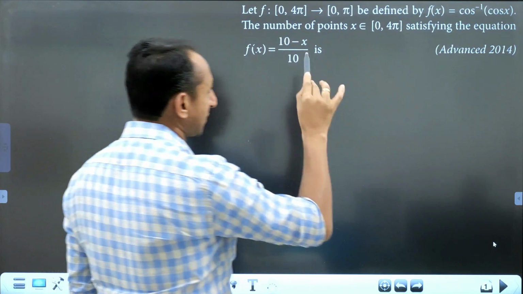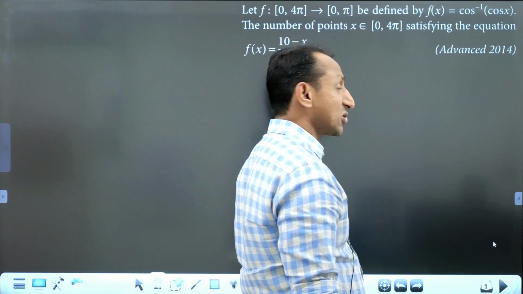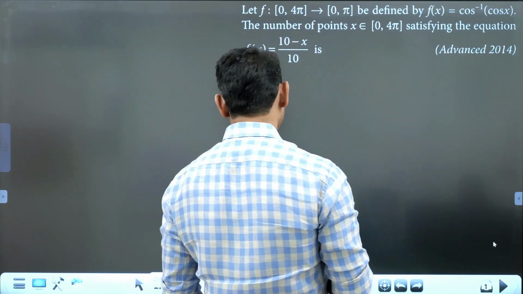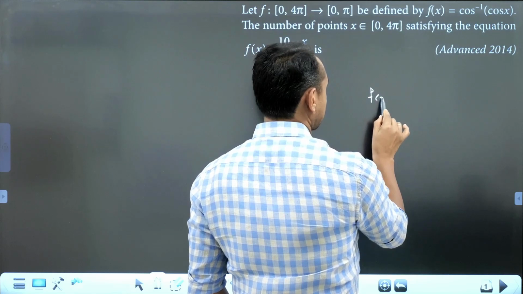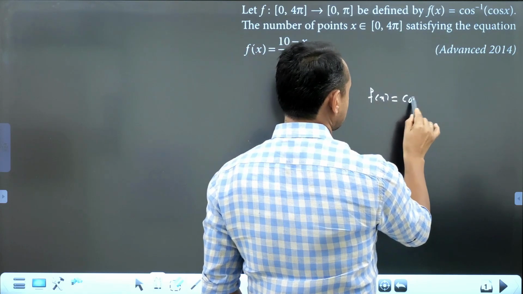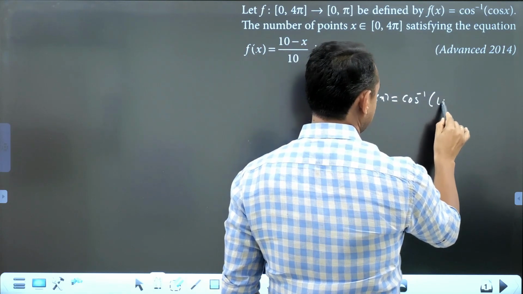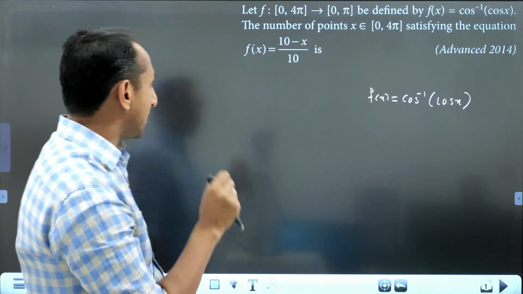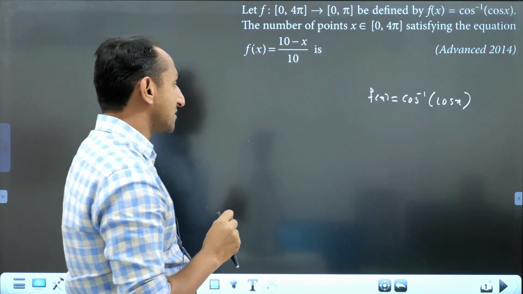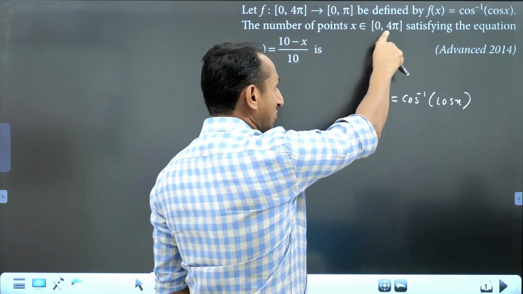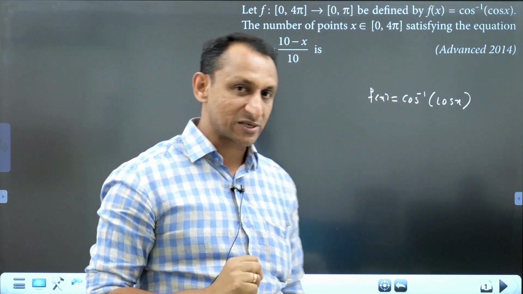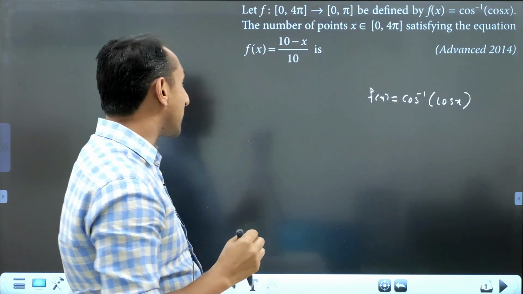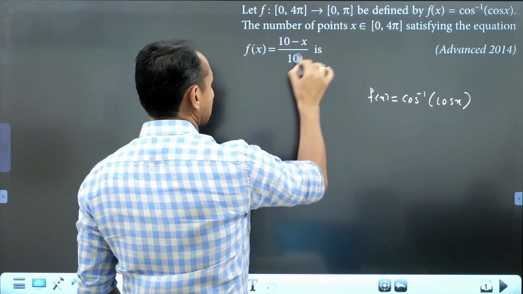The function is defined by f of x equal to cos inverse of cos x. The number of points x from 0 to 4 pi, 0 to 4 pi is the domain, satisfies this equation.